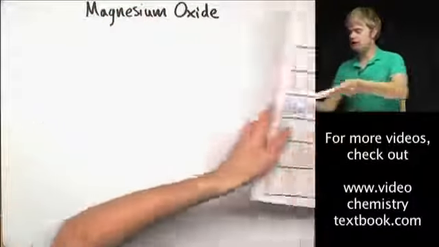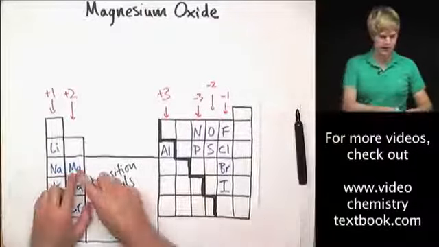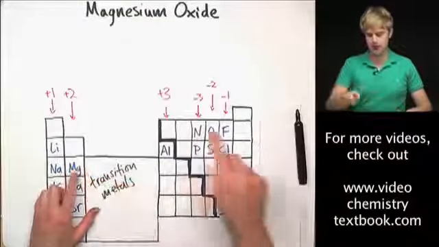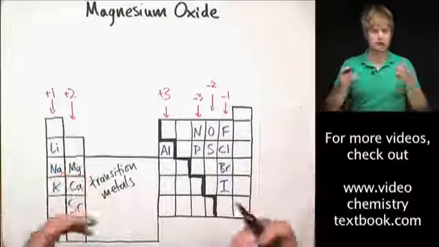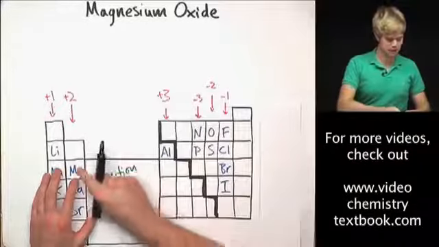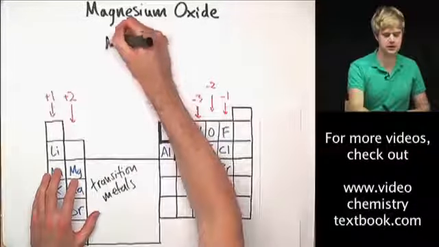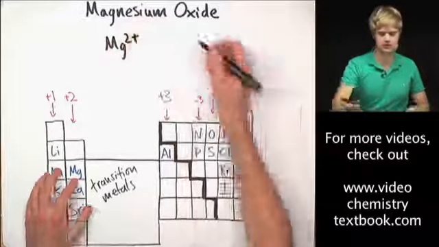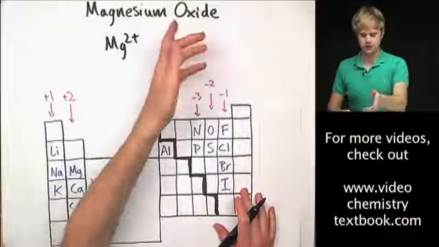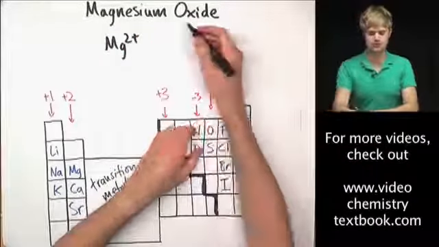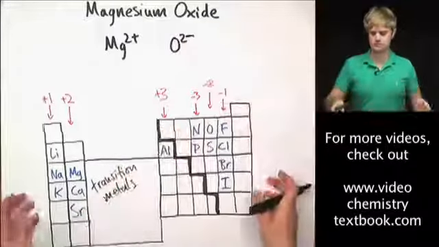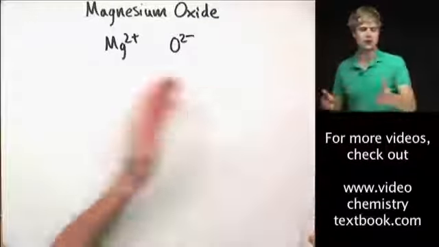Magnesium oxide, go back to the periodic table. Magnesium here, oxygen here, metal, nonmetal, so it's ionic, so charges are important. So magnesium 2+, Mg 2+, oxide, the word for oxygen when it has a charge, O 2-. How are we going to balance out the charges?